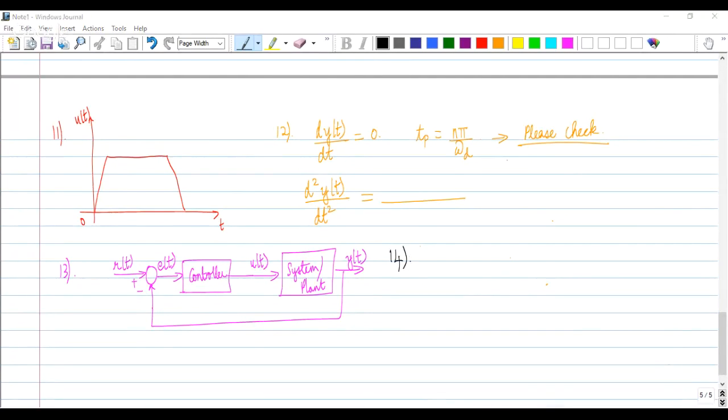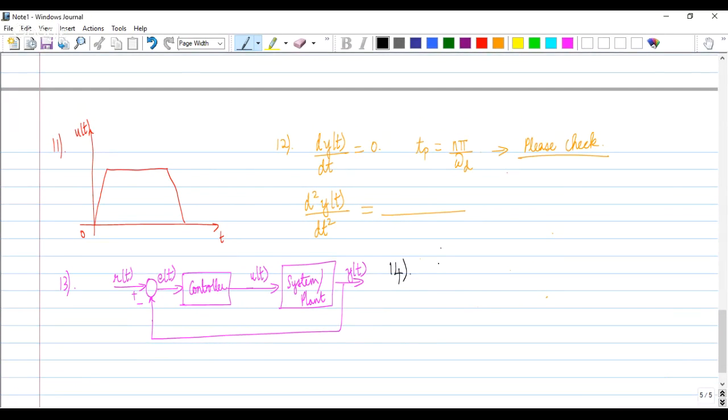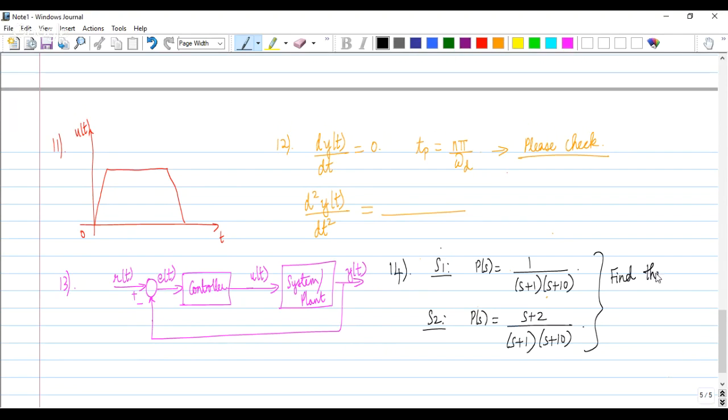Consider two systems, let's say S1, whose plant transfer function is this, and S2, whose plant transfer function is this. In both cases, find the unit step response. I want you to do it as an exercise and then you will get the answer to this question.